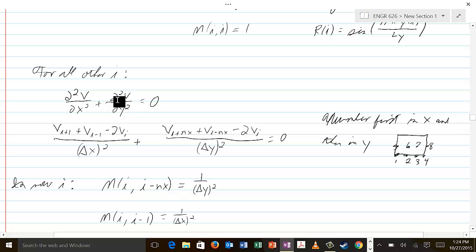And the second partial derivative with respect to y will be v of I plus nx plus v of I minus nx minus 2v of I over delta y squared. And similarly, the reason for that is that the node above node I is node I plus nx, and the node below node I is node I minus nx. So that's how we get that expression. And we set the sum of these two expressions equal to 0.